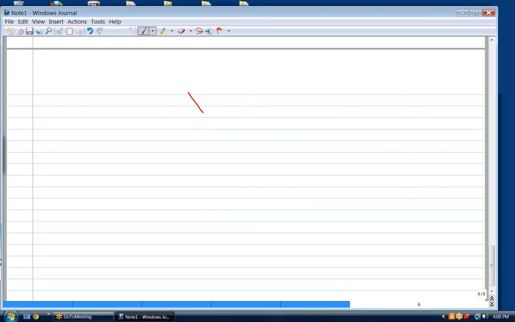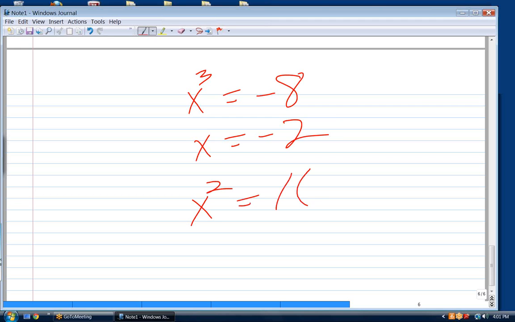So if I'm solving the equation and I get this, take the cube root of both sides, so you get negative 2. If I have this, what's x equal to? 4? Plus or minus 4. Plus or minus, yeah.